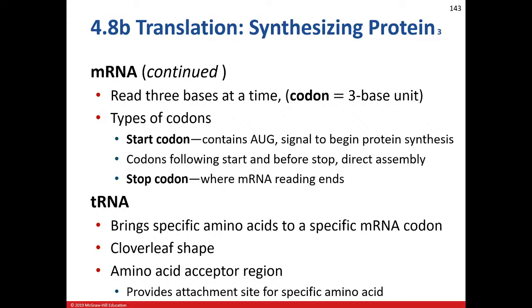The start codon is AUG, and it signals to begin the process of protein synthesis. AUG also signals for methionine, so all of these proteins are going to begin with methionine, the amino acid methionine.